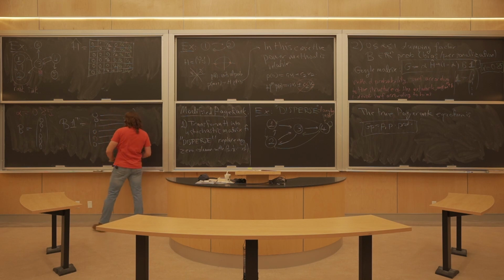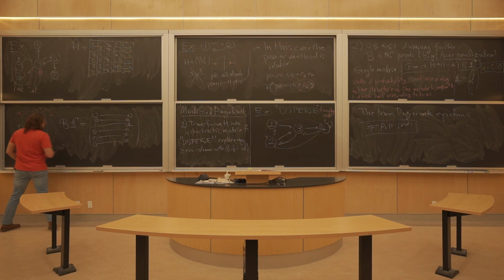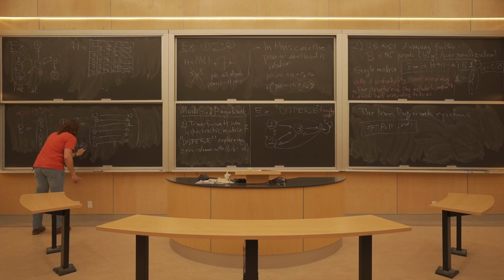The point is that this is again a stochastic matrix, as you see. And then you compute this G, which is alpha times H hat plus 1 minus alpha times B, 1 transpose, and then you solve the eigenvector equation.